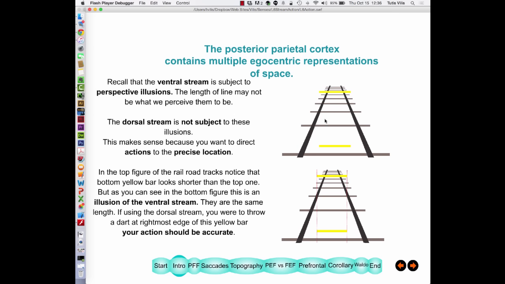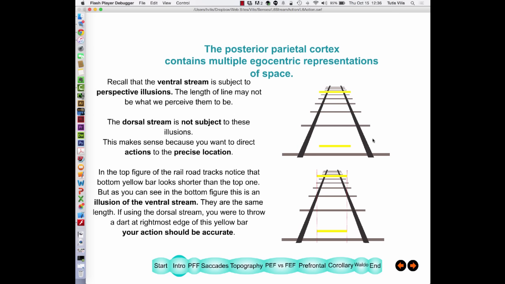Okay, so these lines look like they're of a different length, but in fact they're the same length. And they're a property of the visual What stream, trying to turn these into objects, and these objects being part of the scene.